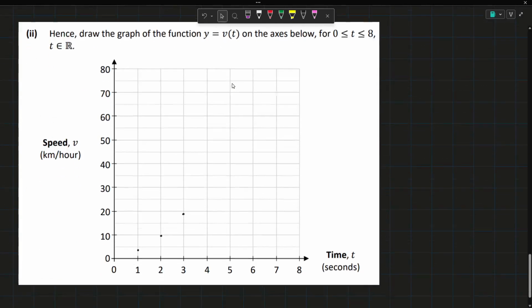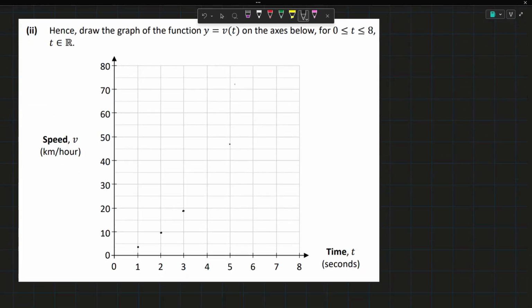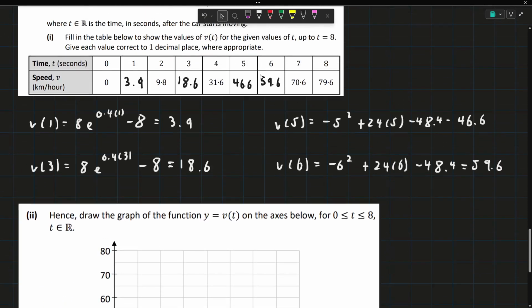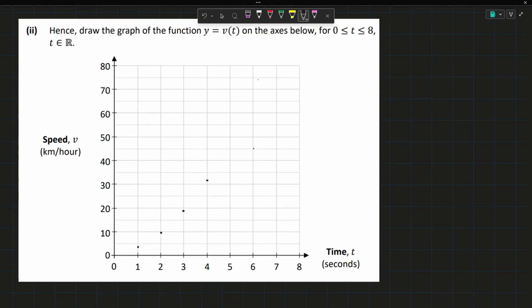And then we have 4 and 31.6. So it's about 32, roughly, just under halfway there. 5 is 46.6, so that's just over 45, just under halfway again here.